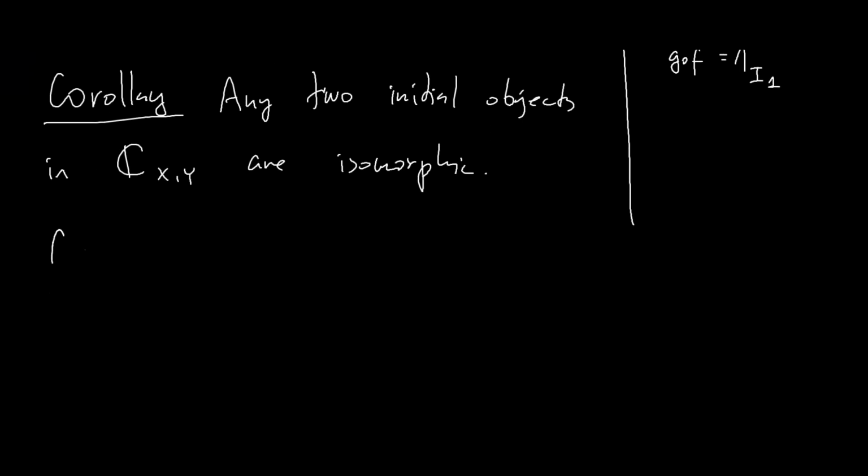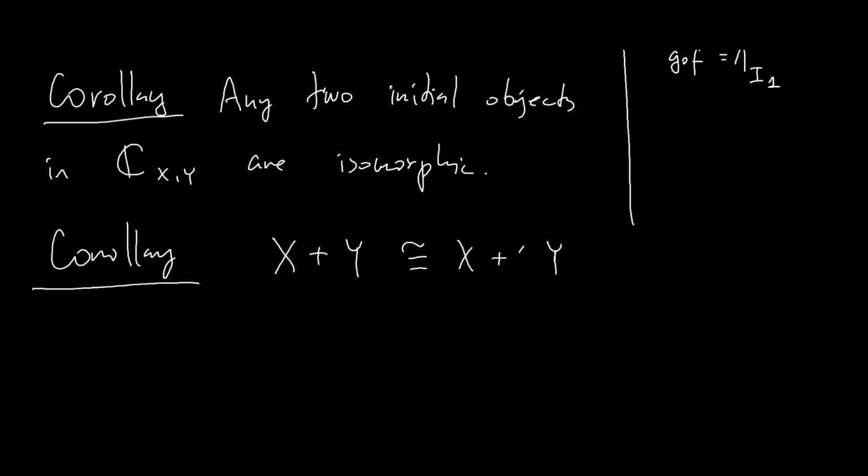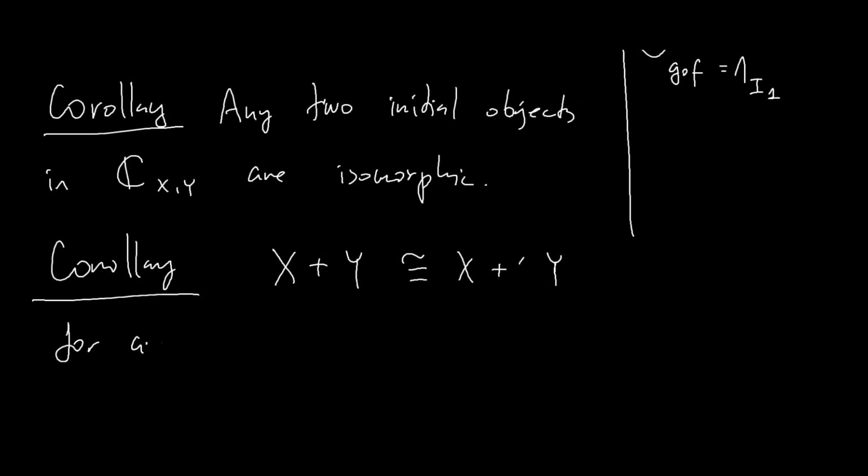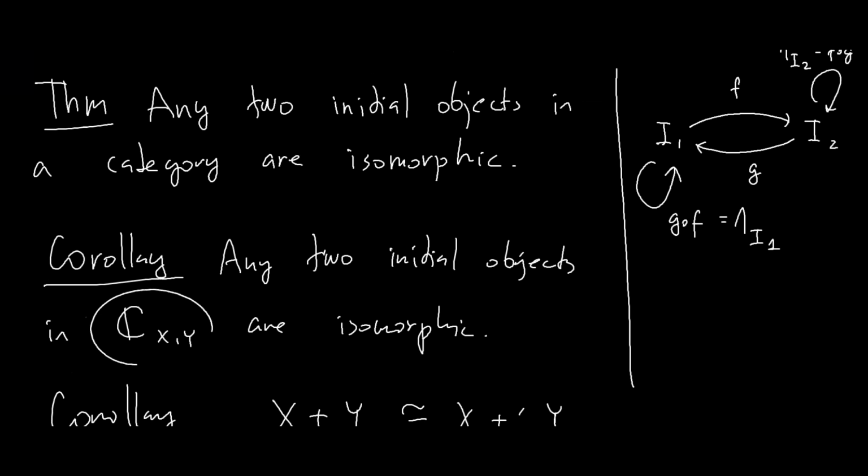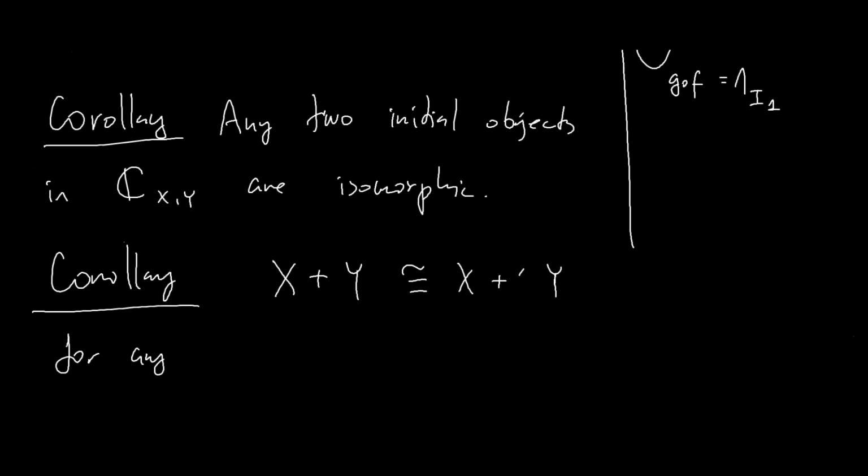So we have one step of deriving a corollary from this, and the corollary is that if I have one possible sum of x and y, and if I have another one, they will always be isomorphic to each other. This will be true for any, and they will be canonically isomorphic because the isomorphism from the previous corollary will exist in our constructed category, and so it will satisfy the commutativity of those triangles that we want the canonical isomorphism to satisfy for any two objects in a category.